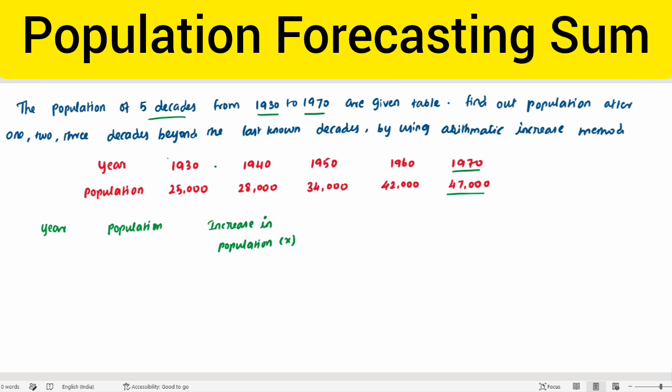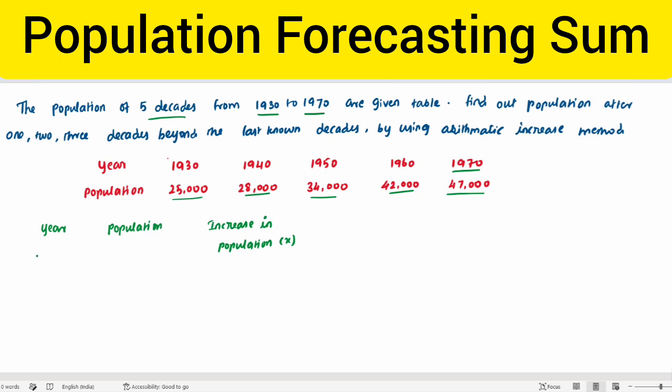The years given are 1930, 1940, 1950, 1960 and 1970. The corresponding population is also given, that is 25,000, 28,000, 34,000, 42,000, then 47,000. Now we can find out the increasing population and the x bar value. The x bar value is the average increasing population per decade.